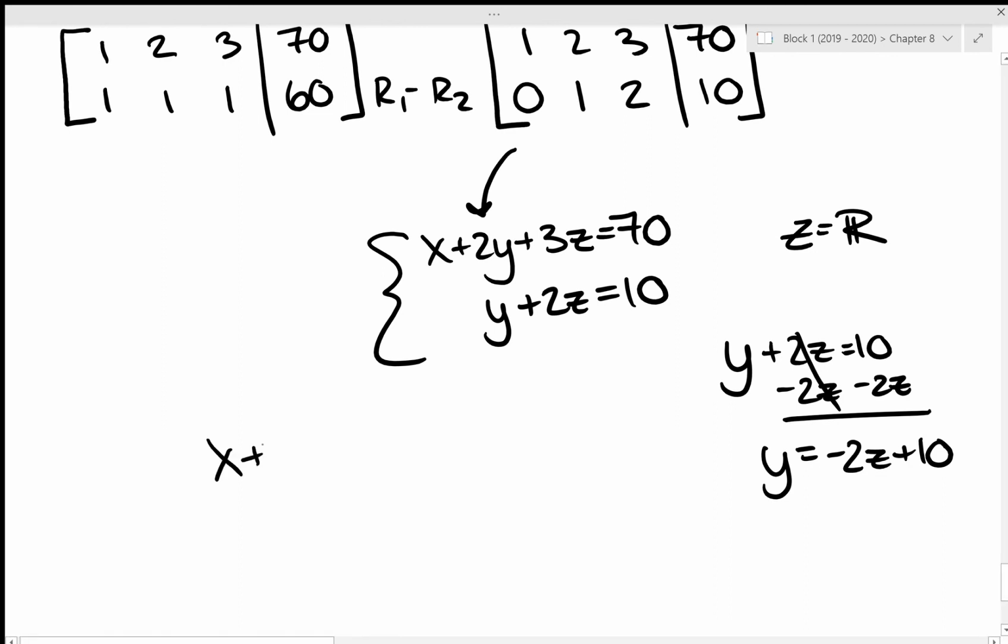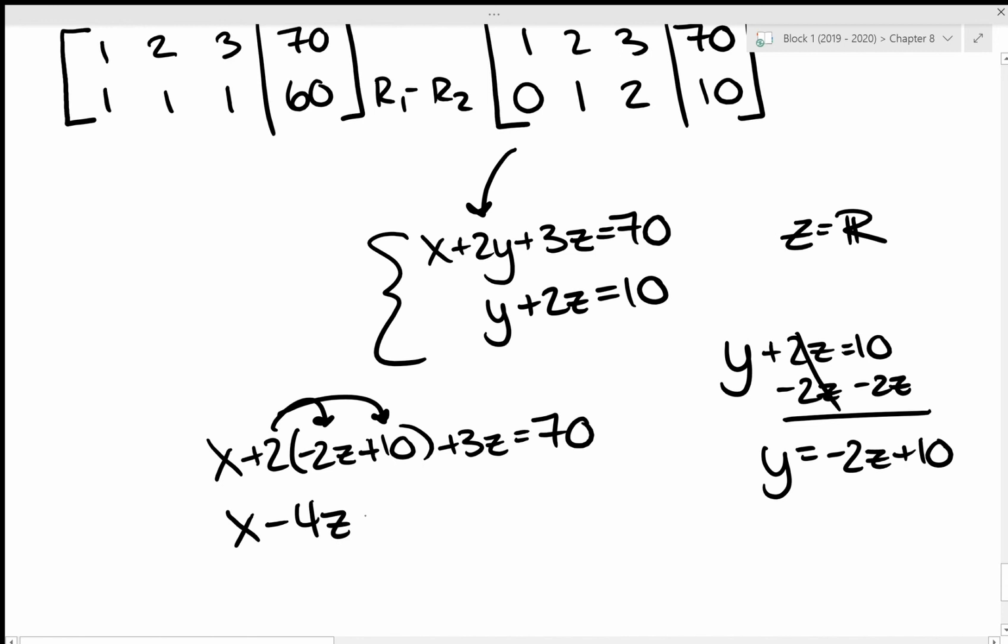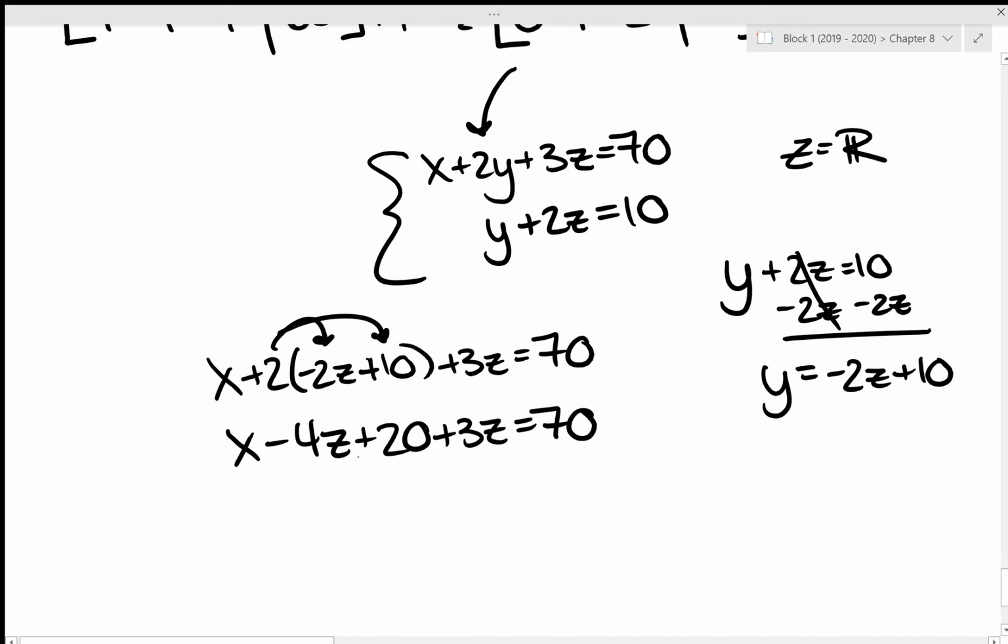So x plus 2 times negative 2z plus 10 plus 3z equals 70. Distribute the 2. And I'm going to combine my like terms. So it's x minus z plus 20 equals 70.